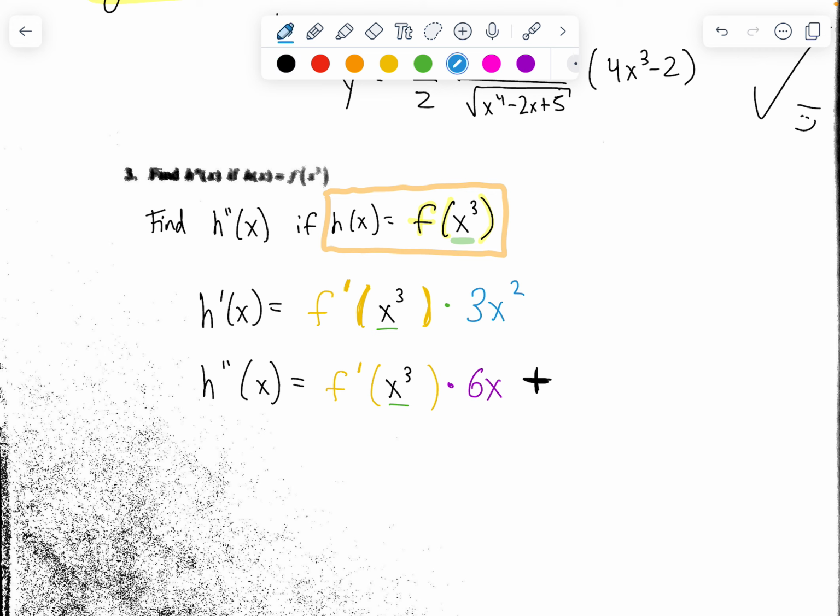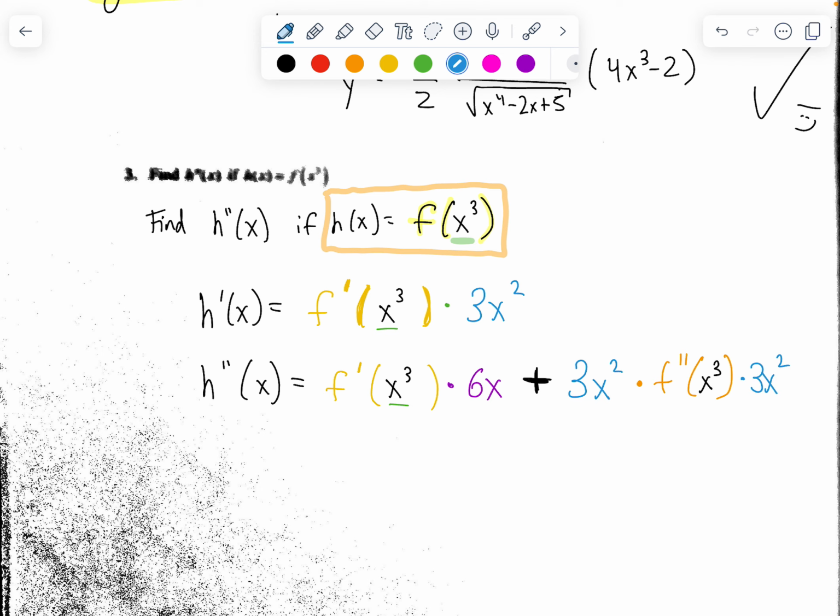plus this, the second part, times the derivative of the first, which is the derivative of this part, and that's going to be the chain rule. So that's f double prime of x to the third, that part times 3x squared.